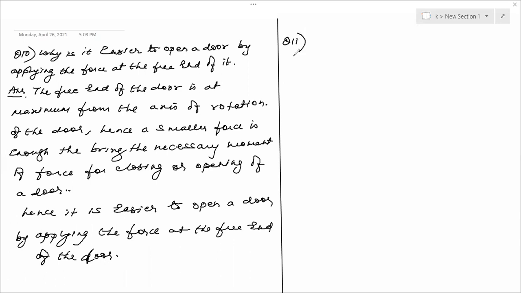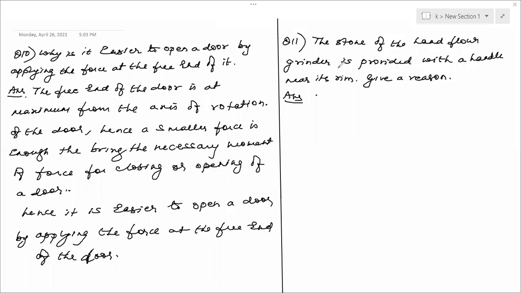Okay, children. Now we go to question number 11. The stone of the hand flour grinder is provided with a handle near its rim. Give a reason.